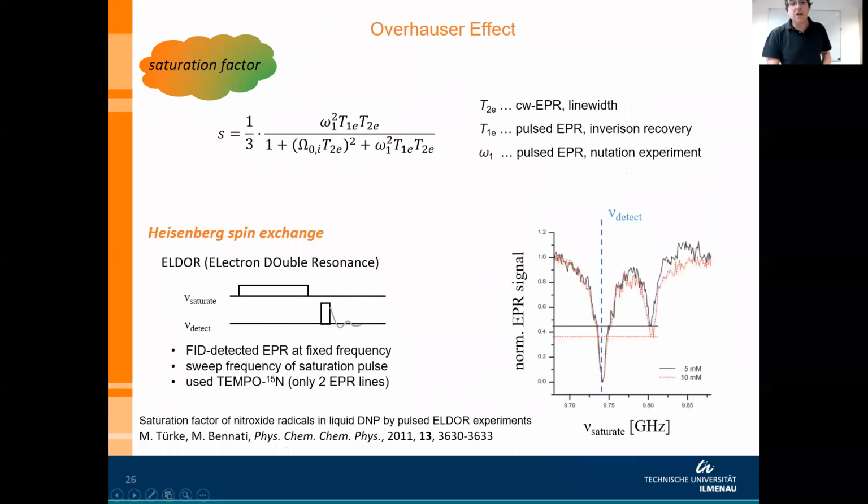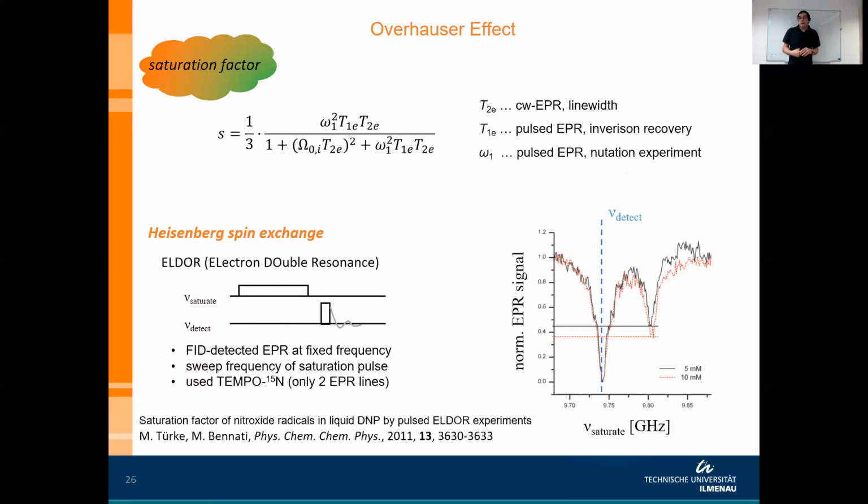Let's go to the description of this coupling factor. Sorry, I put this slide here. Even though I am not an expert in EPR, here we see the saturation factor, and you also have the relaxation property of the electron, which can be measured with EPR, like T1 or T2 of the electron spin.